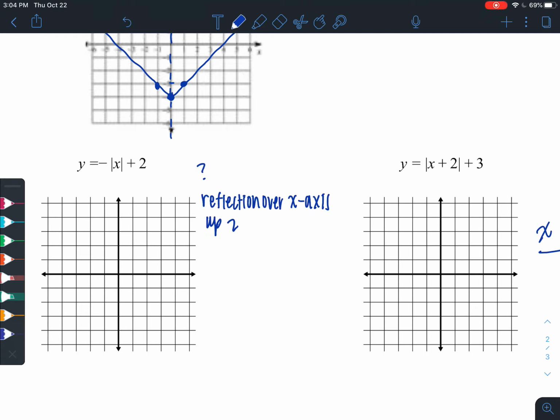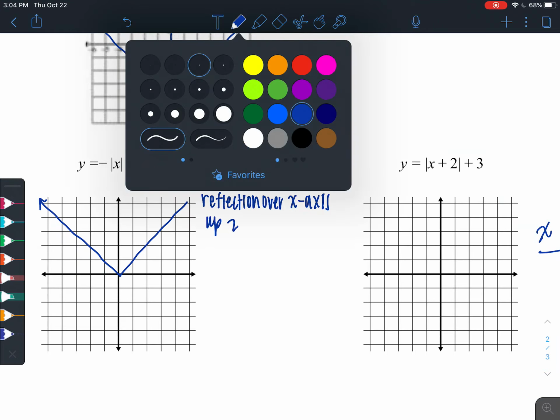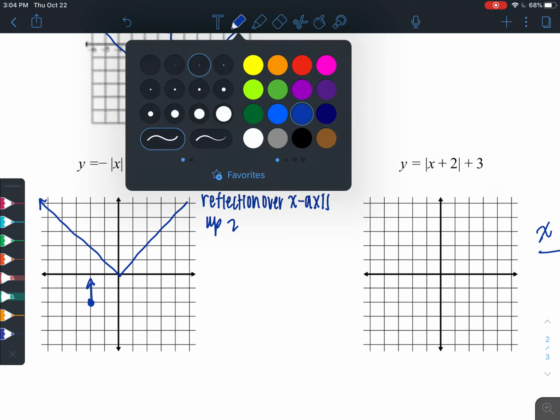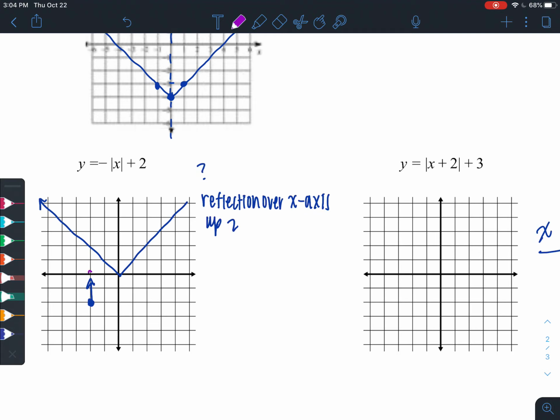So it normally looks like this. So we want to reflect it and then move it up 2. So this point, this is what the reflection is going to look like. It's going to get reflected over here, and then it's going to move up 2 units. So this point is now here.